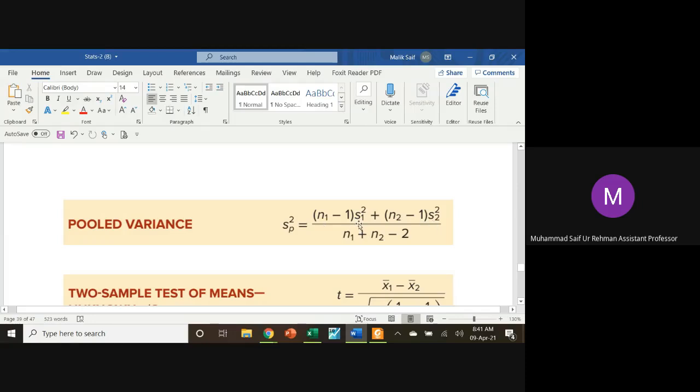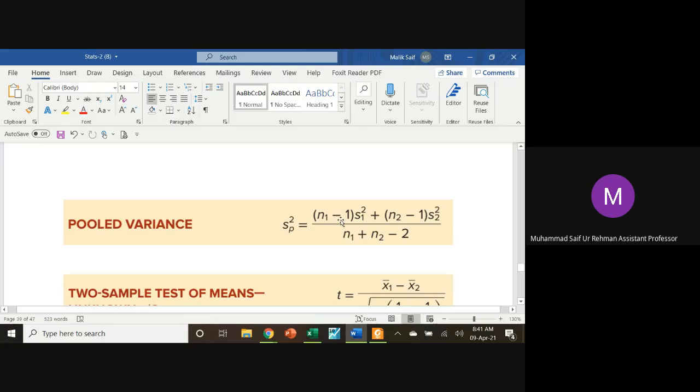You multiply these terms with the degrees of freedom: n1 minus 1 is the degree of freedom for the first sample, and similarly n2 minus 1 for the second sample. And so basically you are giving weights.